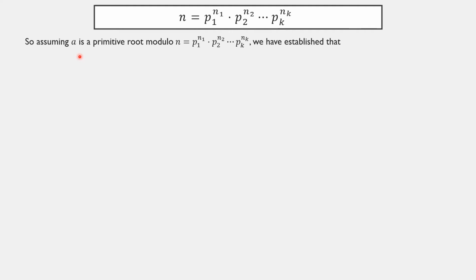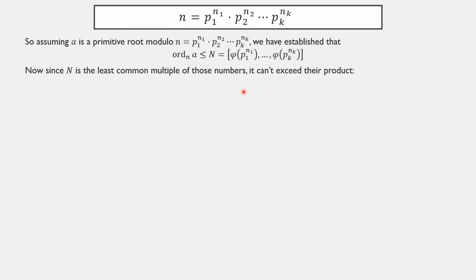So assuming a is a primitive root modulo n, with this prime factorization, we've established that the order of a must be no larger than capital N, the least common multiple of phi of all of these prime powers. Now, capital N is the least common multiple of all of those numbers, so it's definitely not bigger than just multiplying them all together, phi of p1 to the n1, etc. But phi is multiplicative.